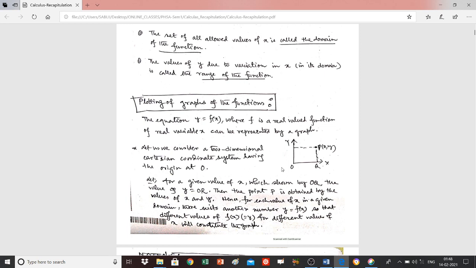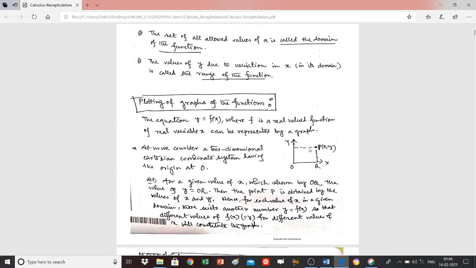Let us consider that for a certain value of x, that value of x is OQ, the value of y in that case becomes OR, up to this point. This point is R, say. So for the value of x as OQ, the value of y becomes OR.